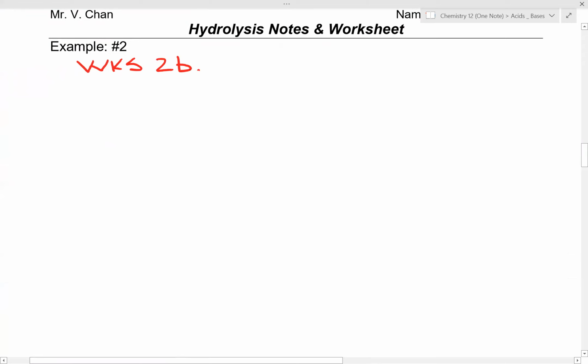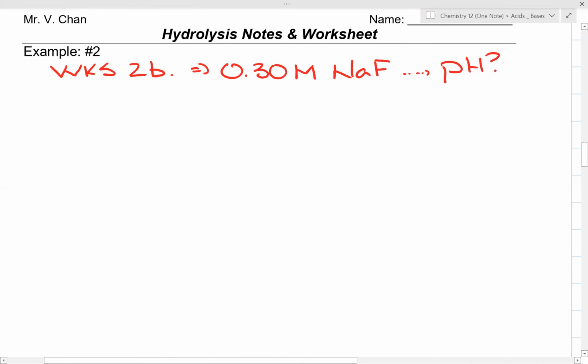So we have 0.030 molarity sodium fluoride. You want to find pH. So again, you're given a salt. Sodium fluoride is an ionic solid.